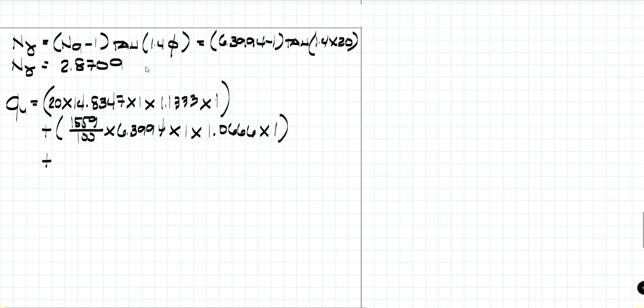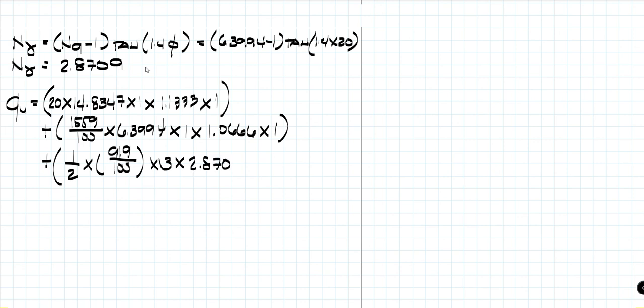Then, plus 1 half. Gamma natin will be yung 919 over 100 times B, which is 3, times 1 half gamma B. Yung N gamma natin is 2.8709 times our lambda gamma S, which is 1, times lambda gamma D, which is 1.0666, times lambda gamma I, which is 1.